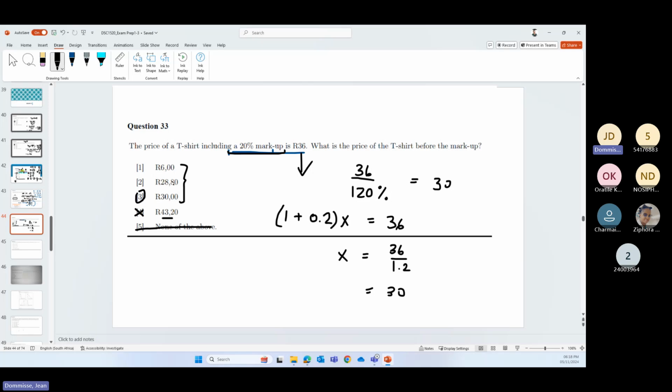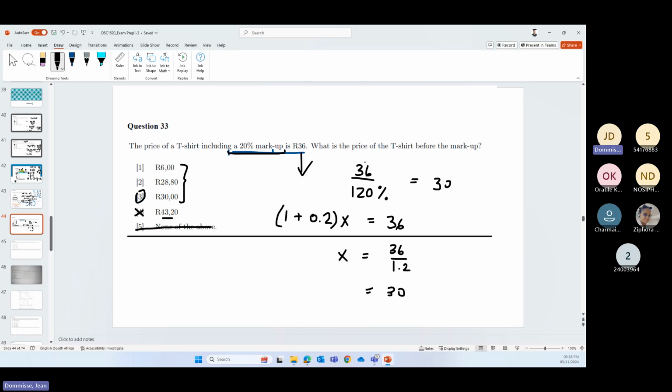But the other two are very close, so you still need to work it out. The other thing that you guys will see, and that sometimes happens as well, is they could also ask you, what is the value of the markup?